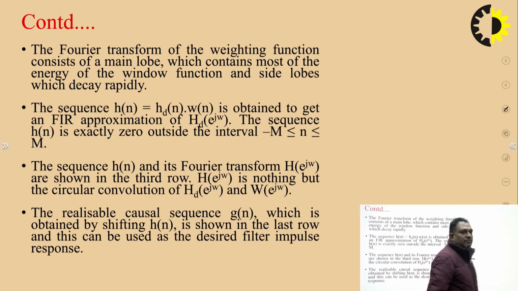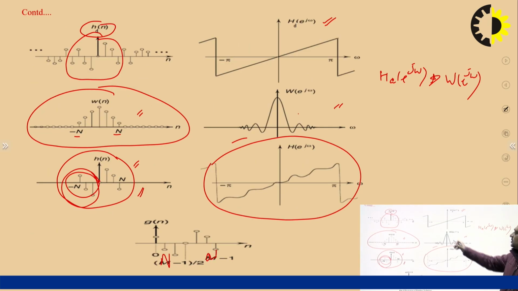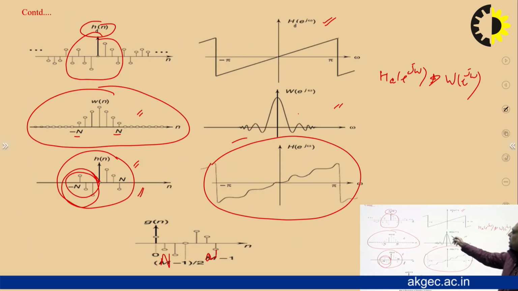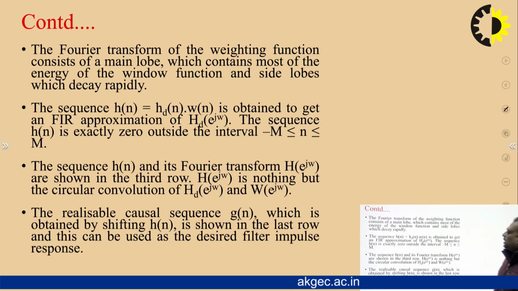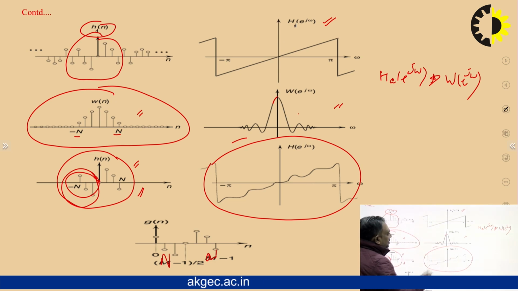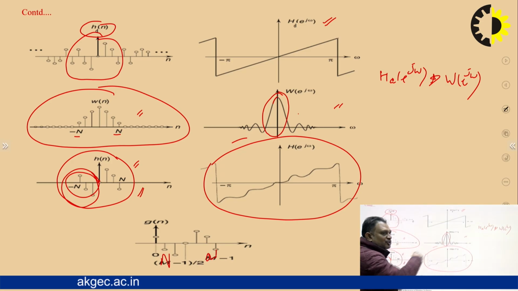Now what about the Fourier transform? If we talk about the Fourier transform of the window function, it consists of a main lobe, this is the main lobe, and the others are side lobes. What should actually happen? This main lobe width should be as narrow as possible, but its height should be large.